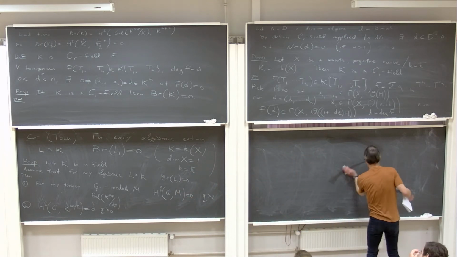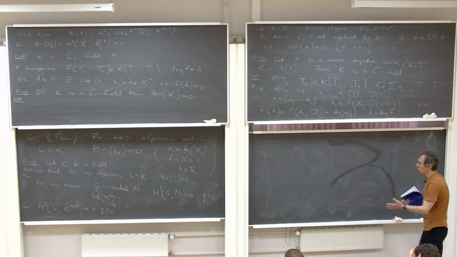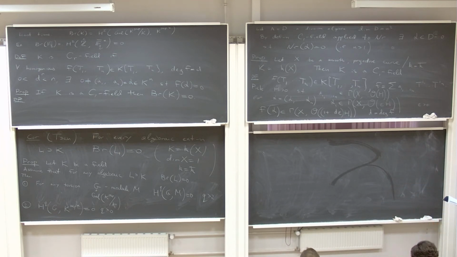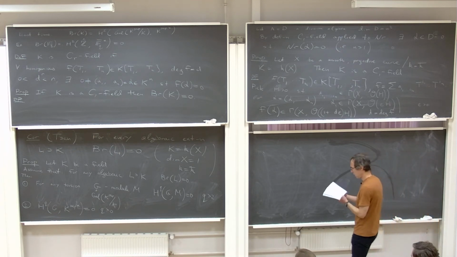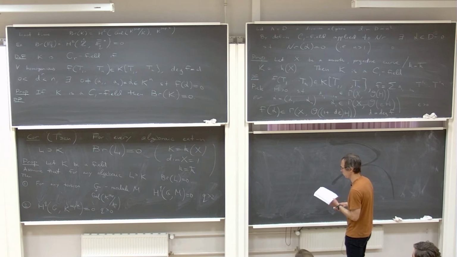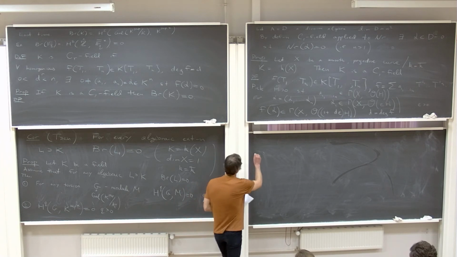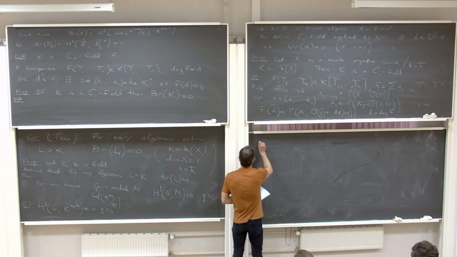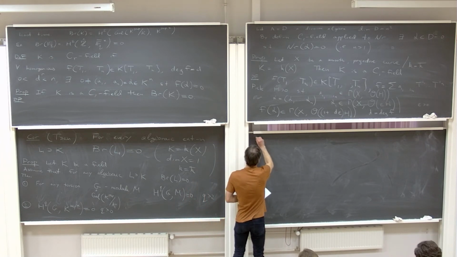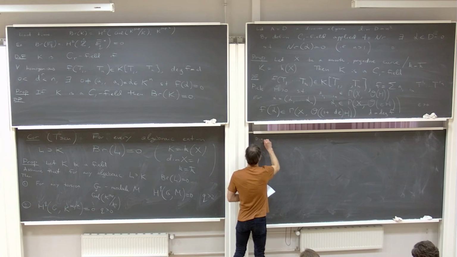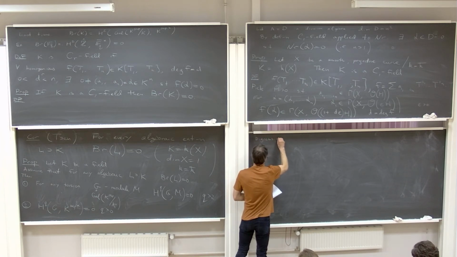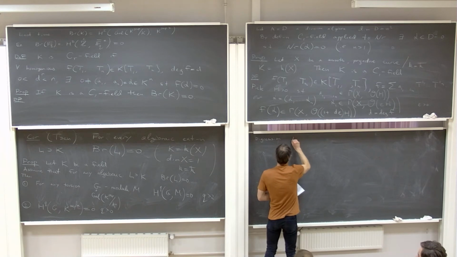Okay, so in order to prove this, I want to explain what's called the method of trace. Since we need it, and we'll use it many times in more general setting for étale homology, I will explain it before I give a proof. So this is a digression: method of trace.